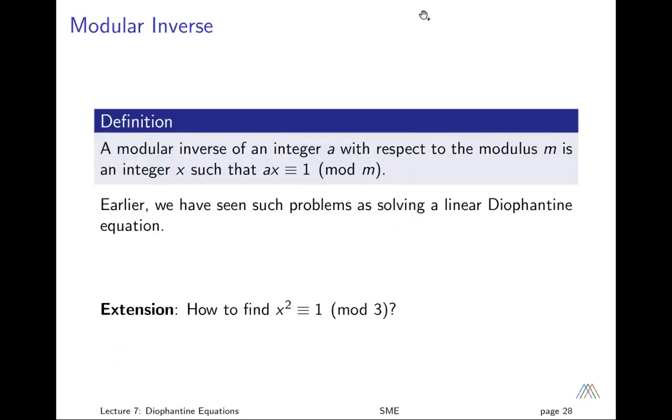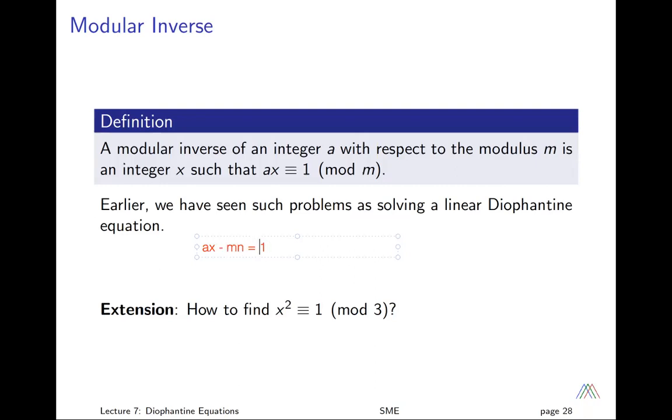How you would do this is, first you would rewrite ax equivalent to 1 mod m as ax is equal to 1 plus mn, where these are both integers. Then we subtract the mn from both sides to get ax minus mn is equal to 1.